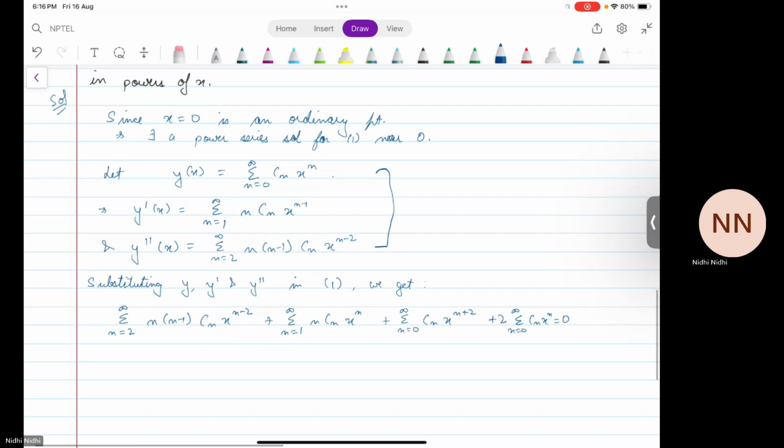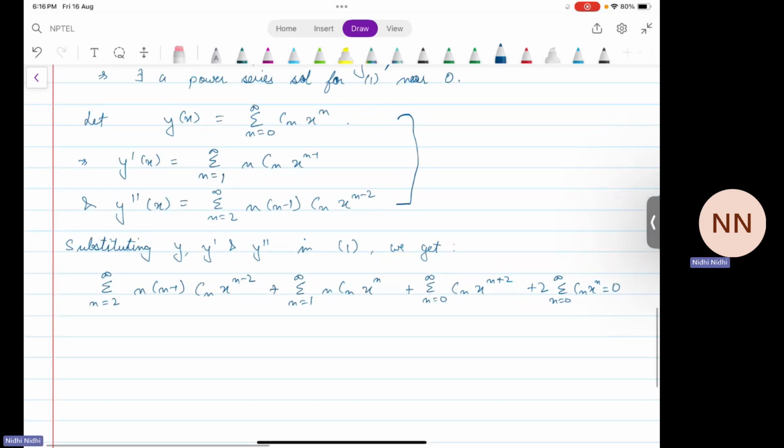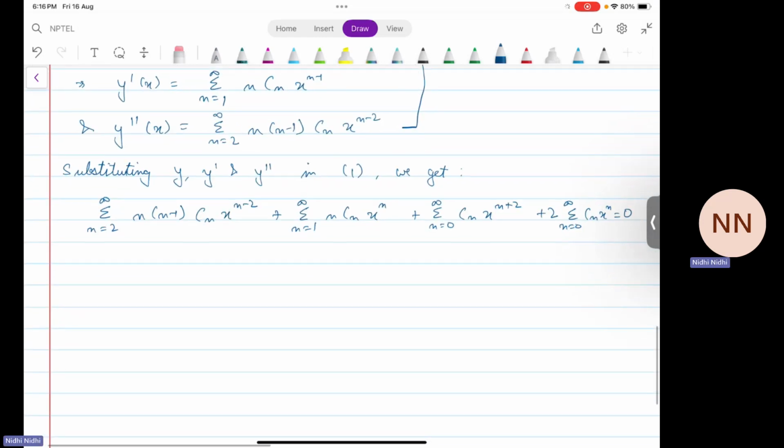Now we'll try to arrange these sums in such a way that we can distinguish coefficients of x to the power n. Our main aim is to make all these powers the same, so we'll use the substitution method. Let's start with the first term, the summation n from 2 to infinity of n(n minus 1) cn x to the power n minus 2.